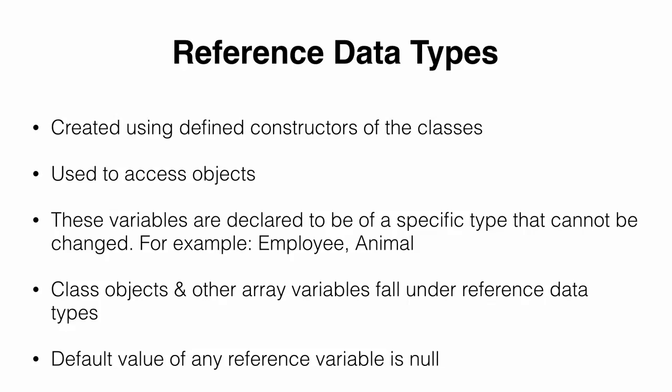Then we have these variables that are declared as an object. For example, employee, animal, and these reference types are just pointing. They're set on the stack and they're just pointing to the heap where the object's stored. Class objects and array variables fall under reference data types. Default value of any reference variable is null.